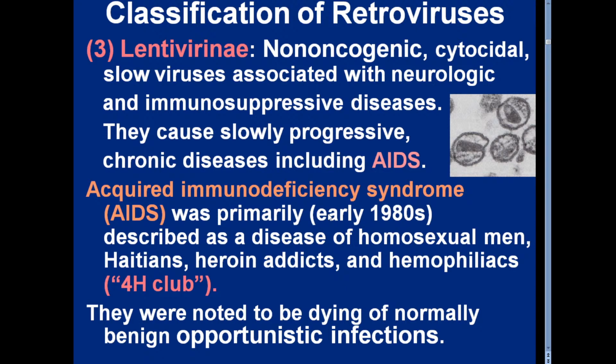AIDS is acquired immunodeficiency syndrome, which was primarily described as a disease of homosexual men, Haitians, heroin addicts, and hemophiliacs. They were known to be dying of opportunistic infections.